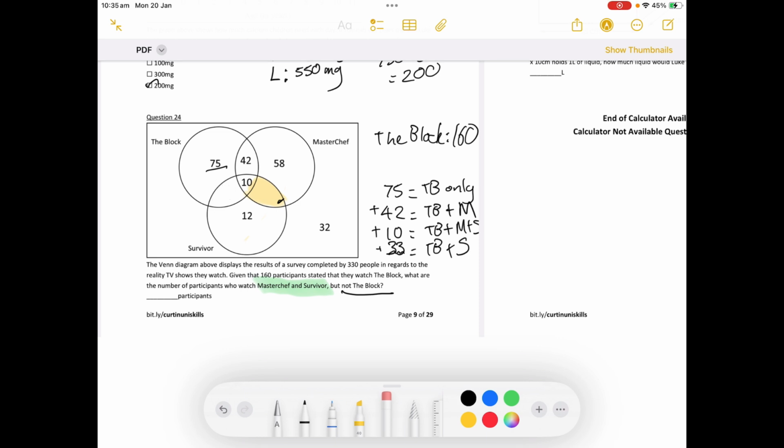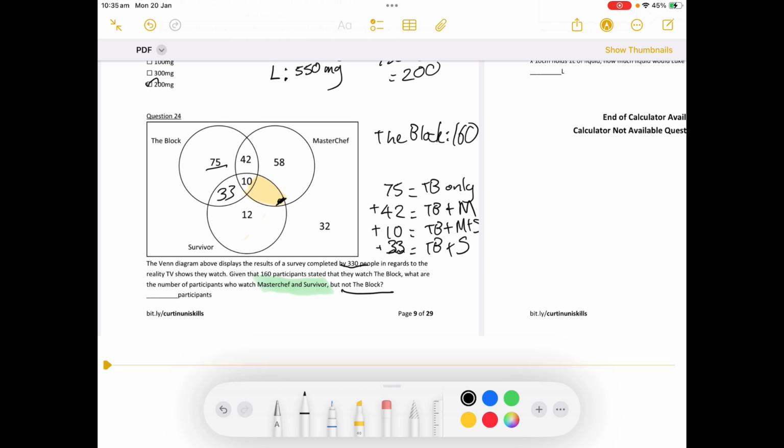Alright, so I know I've got 33 here. Alright, now in total in this Venn diagram, I know that I have 330 people. So I'm going to add up all the numbers that I have right now, and that will tell me how many people are left here, because everything added up should equal 330.